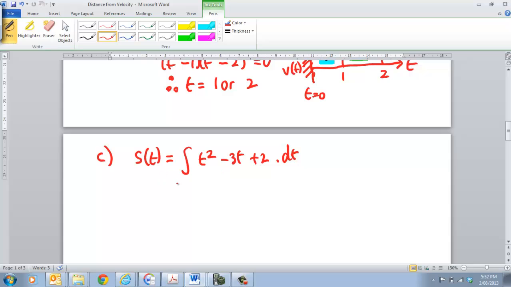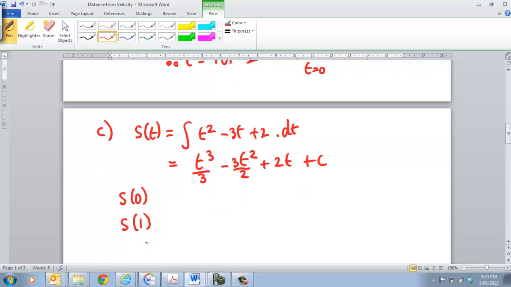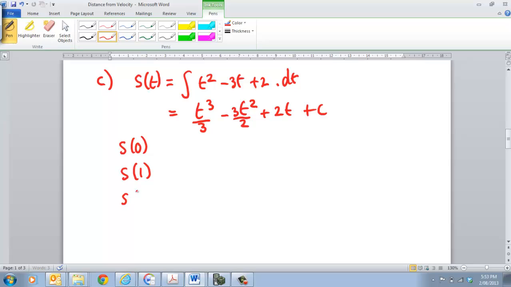That will become equal to t cubed on 3 take 3t squared on 2 plus 2t plus our c value. Obviously the key critical points that we need to be considering are s of 0, s of 1, s of 2, and then s of 3.